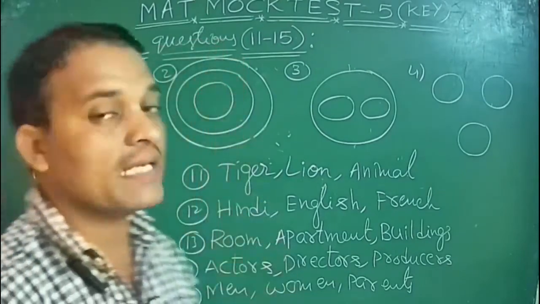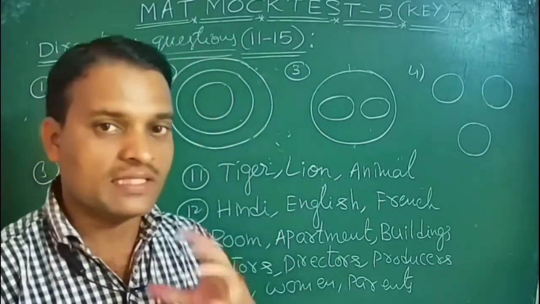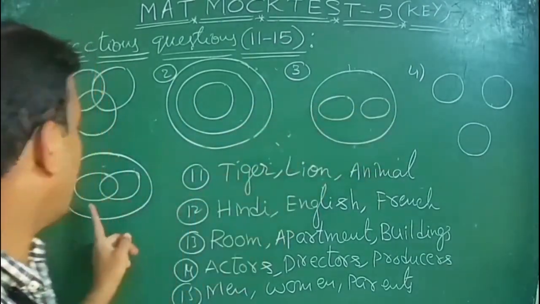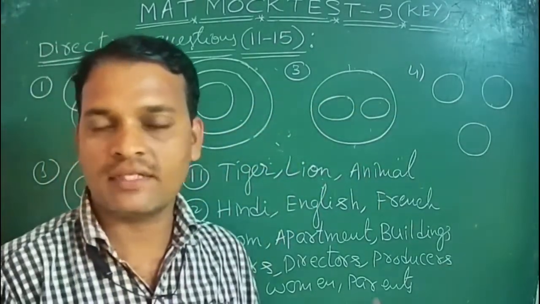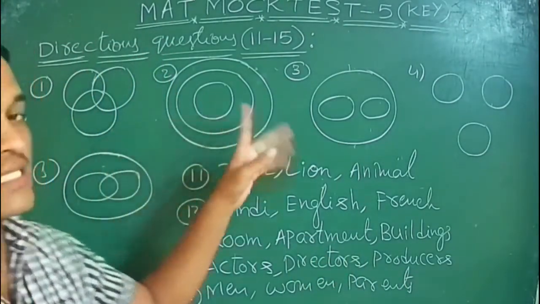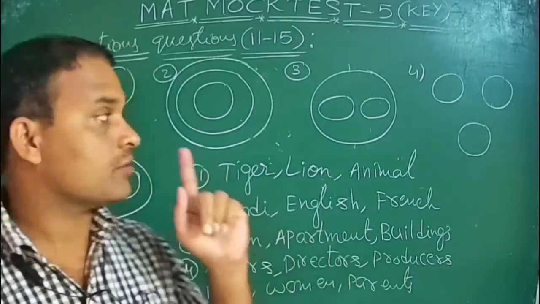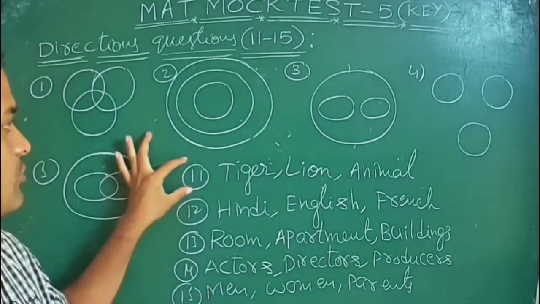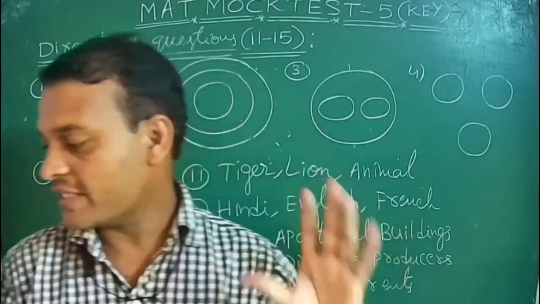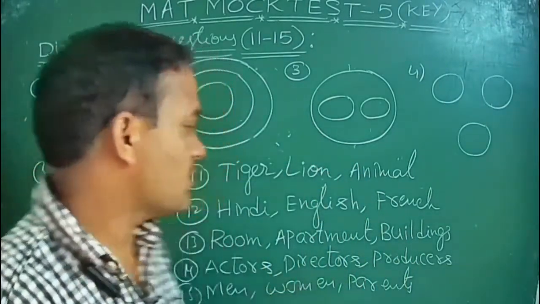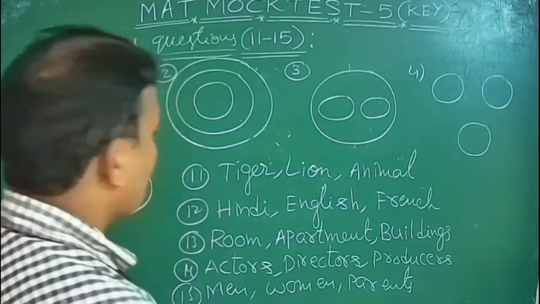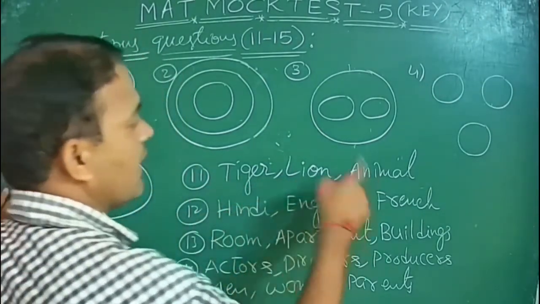Directions, questions 11 to 15. Here 5 Venn diagrams are given, and based on the question, one of the Venn diagrams is suitable. You need to identify which one. First, the 11th question: tiger, lion, animal.